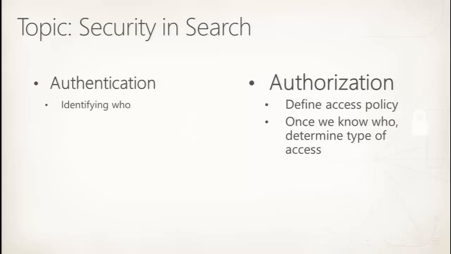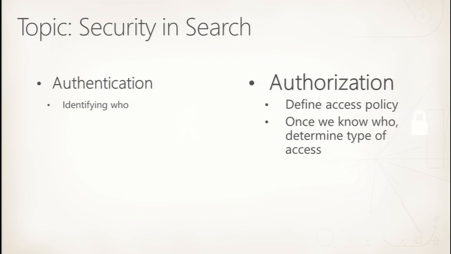So, the first thing I want to talk about is security. We have already received questions about what this session is really about. For many people, security means something totally different from what we think about, like malware, antivirus, that kind of thing. That's not at all what we're talking about here. What we're interested in when we're talking about secure search is two main things: authentication and authorization.